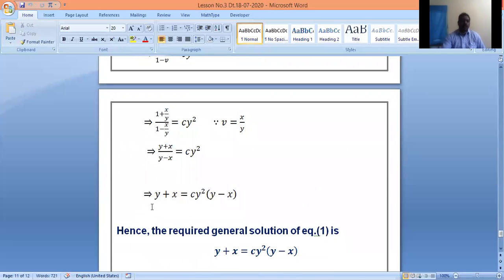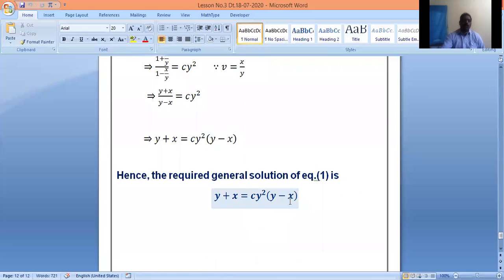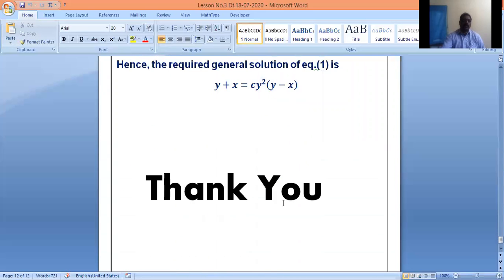That implies y + x = cy²(y − x). Hence, the required general solution of equation 1 is y + x = cy²(y − x). Thank you.